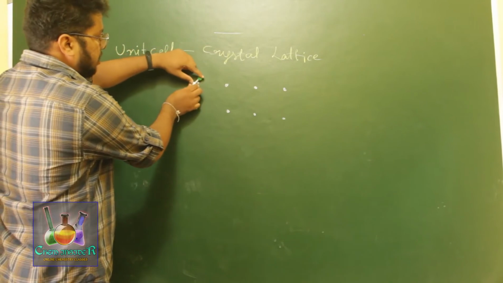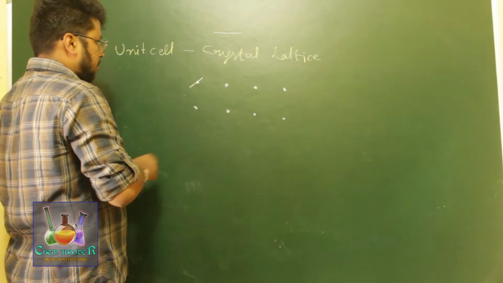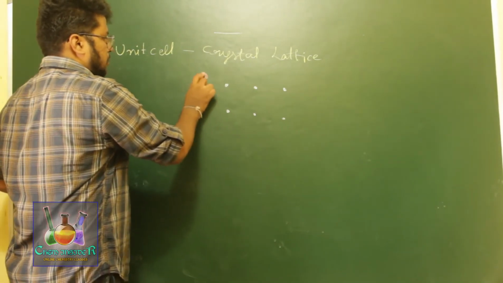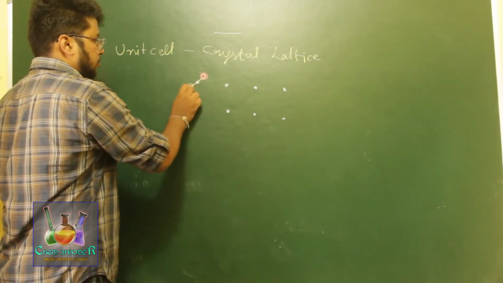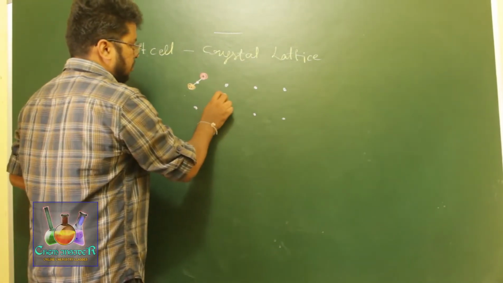If we arrange this HCl molecule on this point like this, if I am going to draw it, it will be one atom over there and one atom over here. Okay, similarly we get multiples of this in all the points.